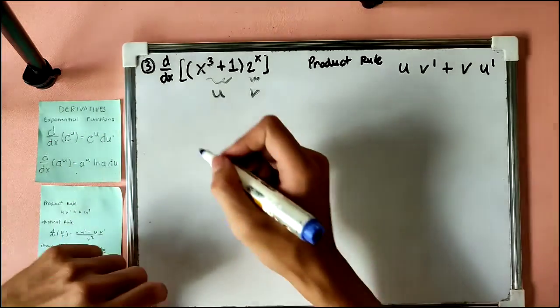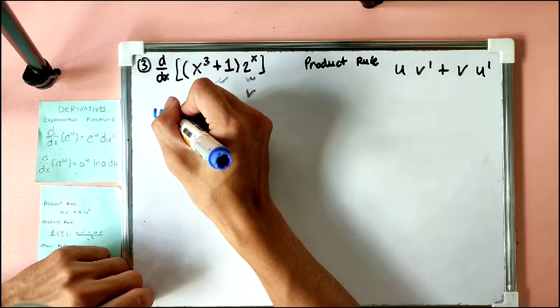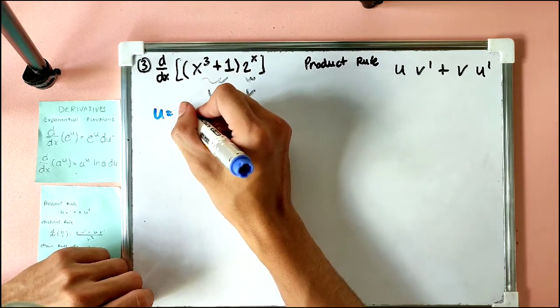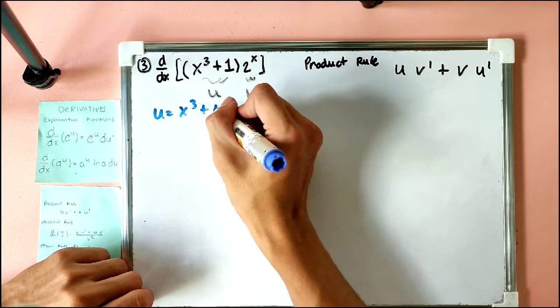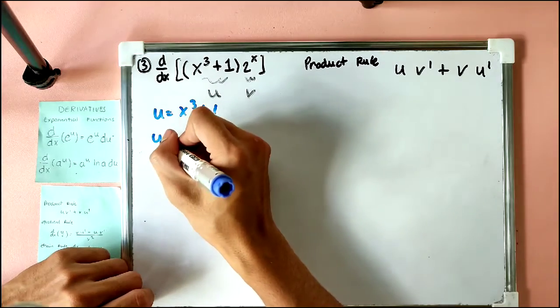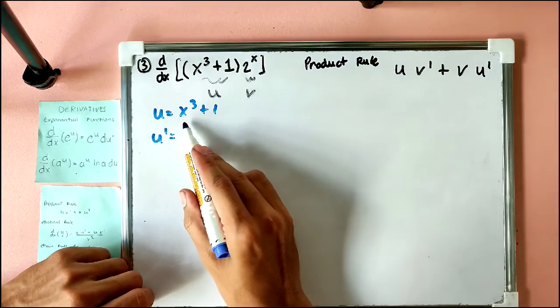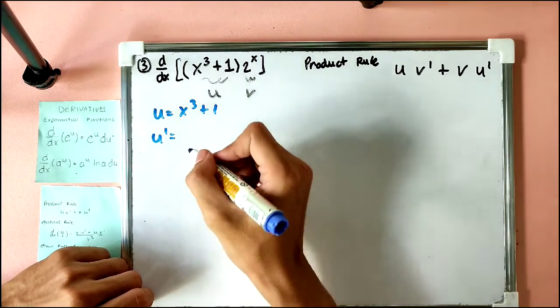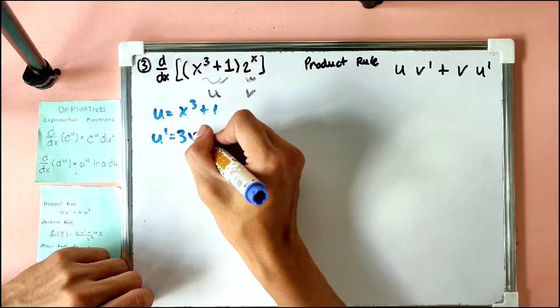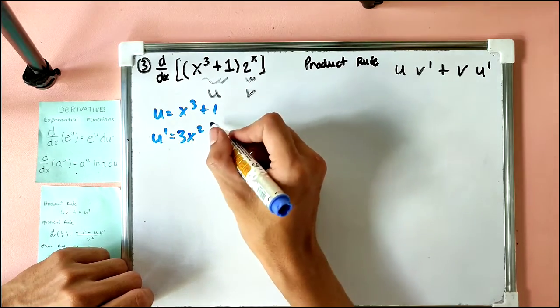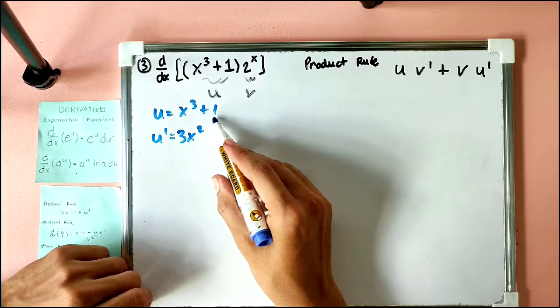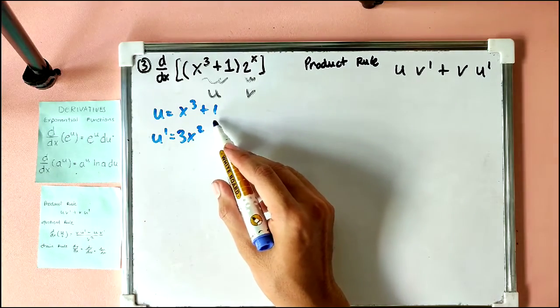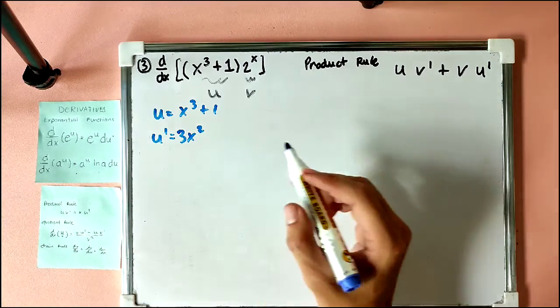So getting our u is equals to x cubed plus 1, then ang u prime, so i-derive lang natin yung u, which is 3x squared, then ito maging 0 na siya, kaya hindi na natin siya isulat.